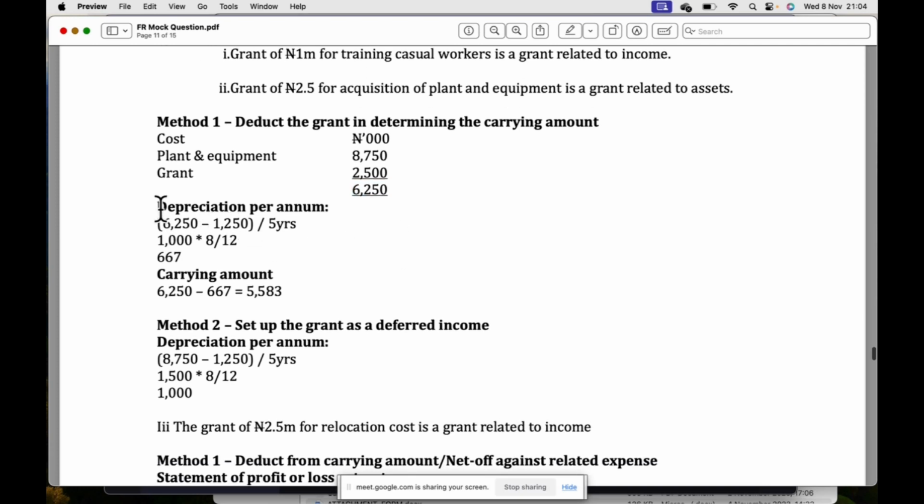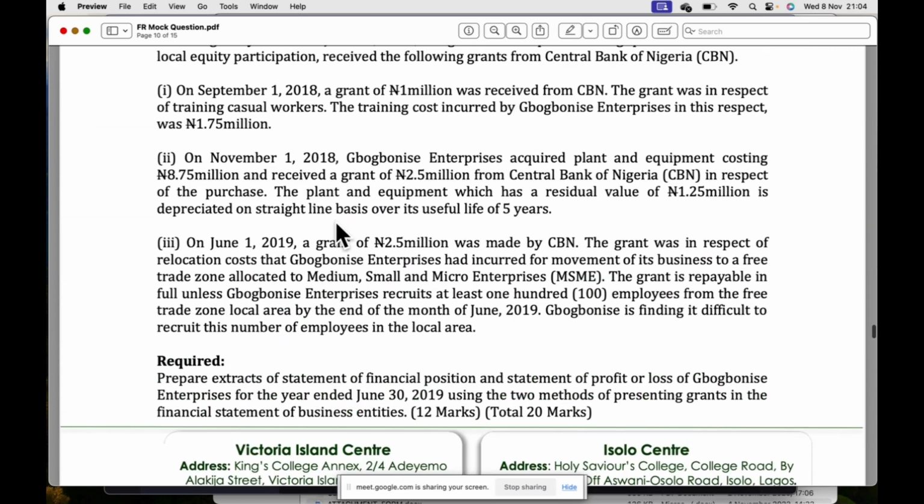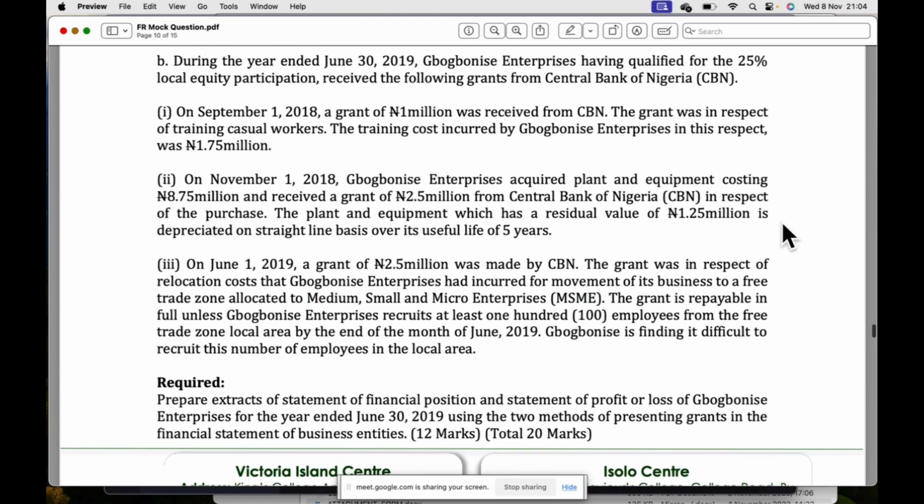This is where a lot of students got it wrong when they wanted to determine the depreciation on that asset. They told us in the question that there's a residual value of 1.25, a useful life of 5 years, and the asset was acquired on 1st of November 2018.